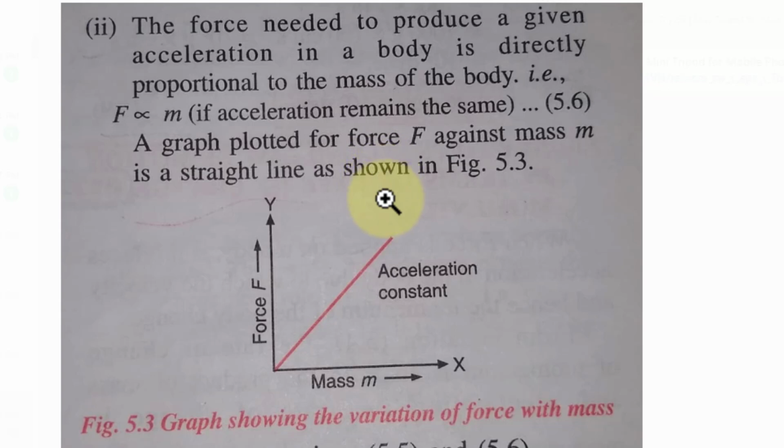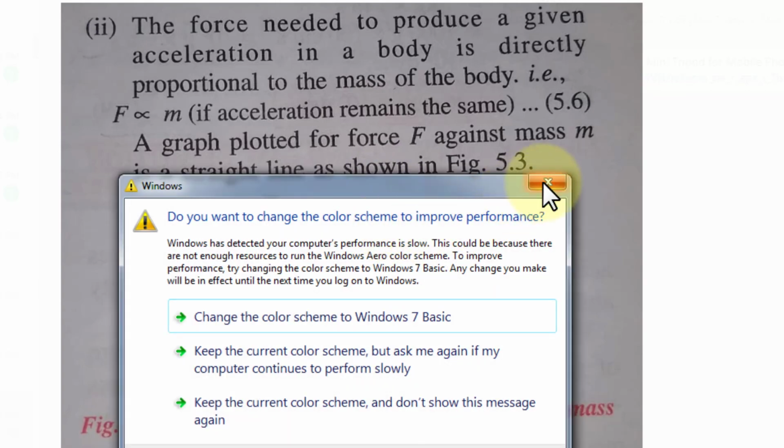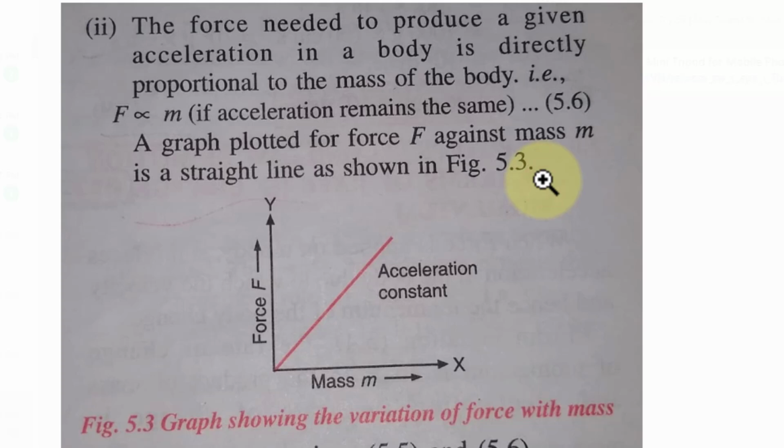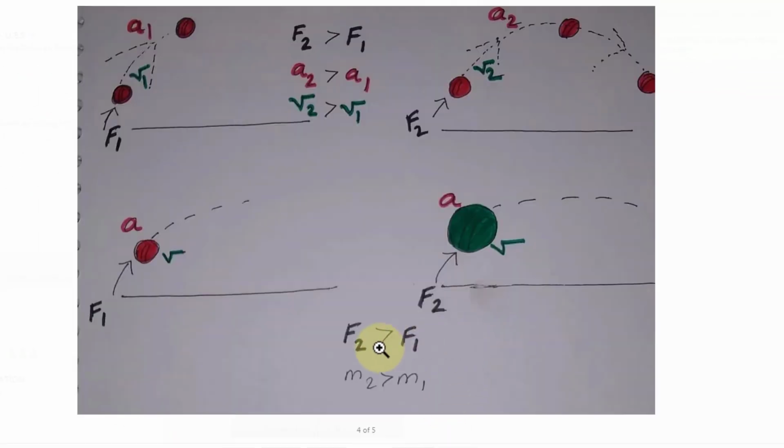Just now we saw the second example. Mass of the football is more than the mass of the tennis ball. So more mass requires more force. You have to apply more force on the football. F2 is more than F1. Is it not? Here see. F2 is more than F1. On the football you have to apply more force than on the tennis ball.